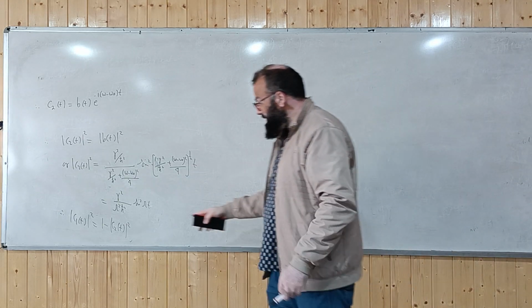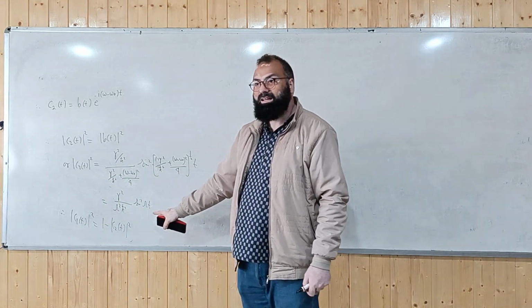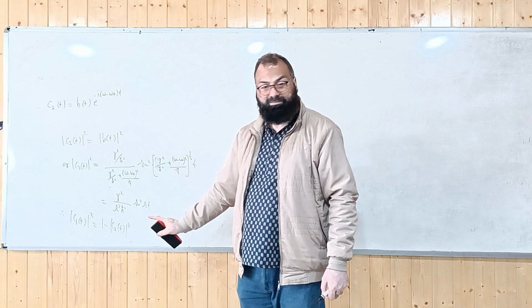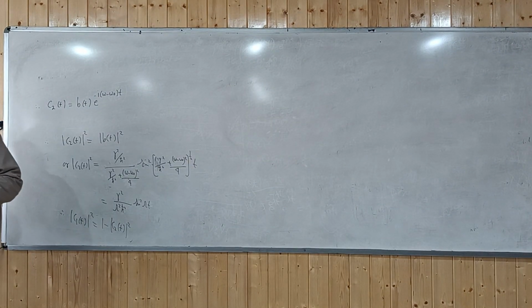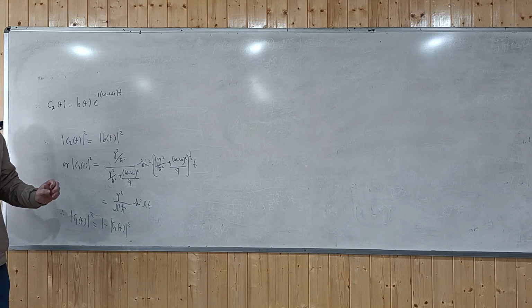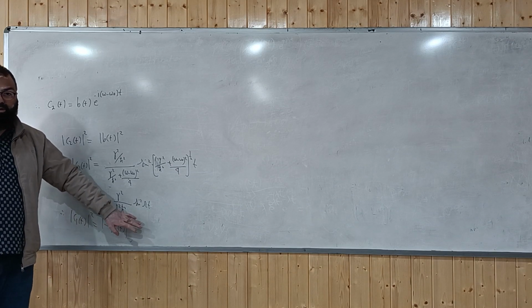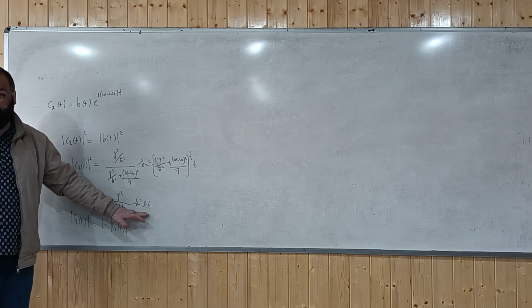If you see, the probability is oscillating in time. This is a very important point. What is the oscillation frequency? It's omega. Omega will give you simply the oscillation frequency.